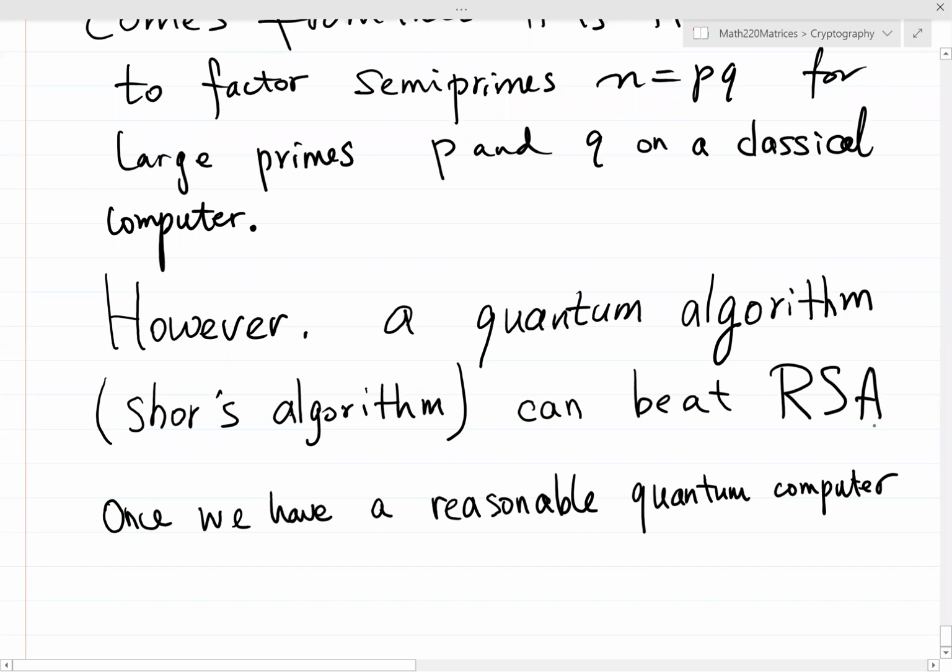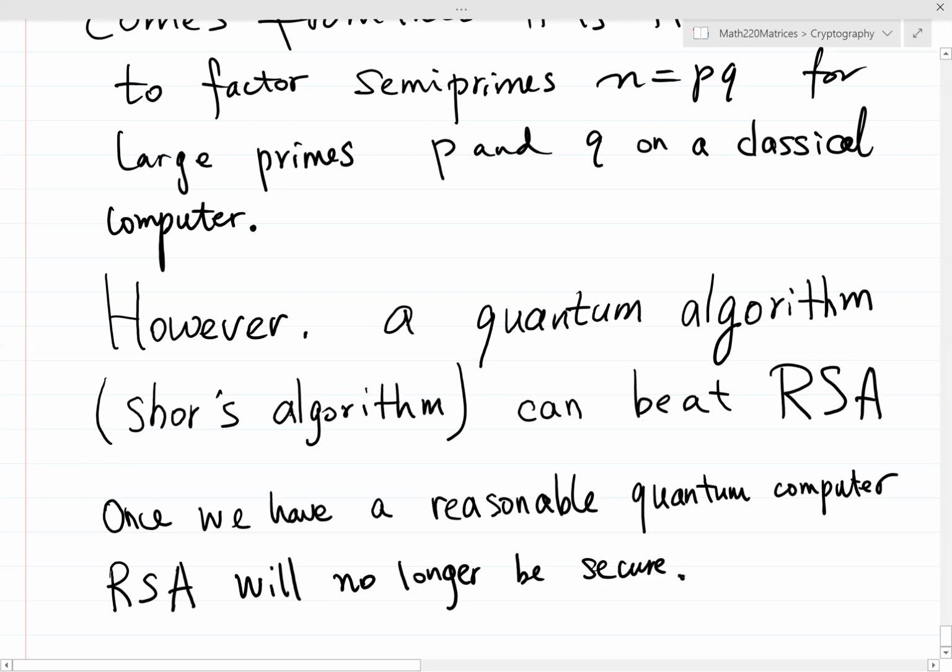We need to preserve the quantum information, just like you need certain things that preserve the classical 0-1 information on a computer. So there are some technical things from the engineering of a quantum computer that we have not yet achieved, but the algorithm is pretty good now. So once we have a reasonable quantum computer, RSA will no longer be secure.